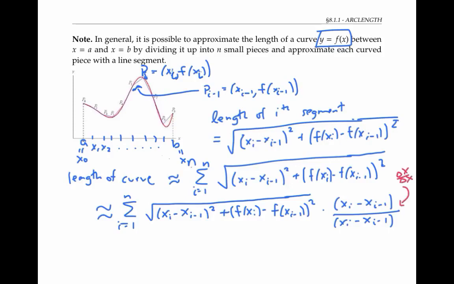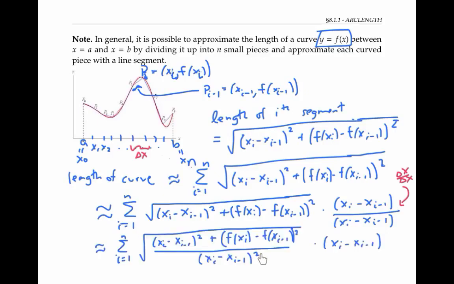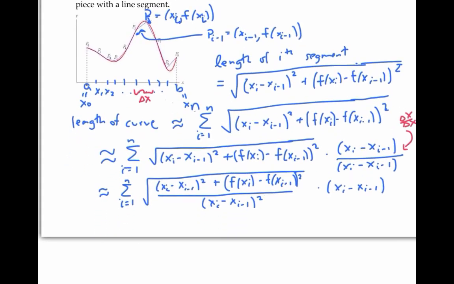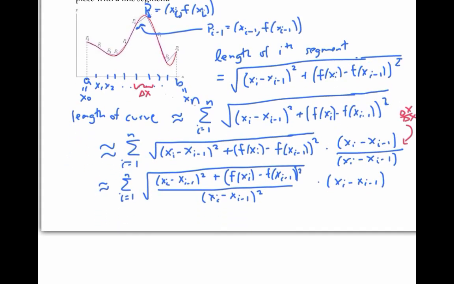This doesn't change the value of my expression, but it does introduce a delta x over delta x into my equation, because delta x represents the width of a subinterval, and that's equal to x sub i minus x sub i minus 1. Now I'm going to suck the factor in the denominator inside the square root sign. Notice I have to square it when I pull it inside the square root sign. Now I'm going to rewrite my fraction inside the square root sign.